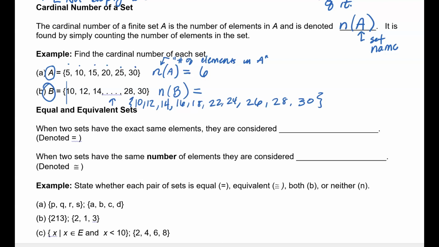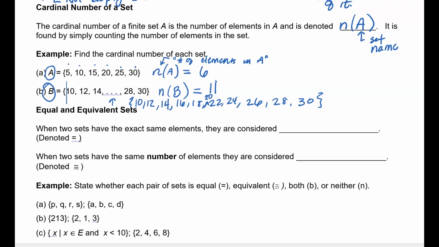Did I count that right? Let me count it one more time, because I have 11 in my answer key. Oh, I forgot 20 there. I'm glad I double checked. So 18, 20, 22. Okay, 1, 2, 3, 4, 5, 6, 7, 8, 9, 10, 11. That matches up. So the number of elements in B is 11.